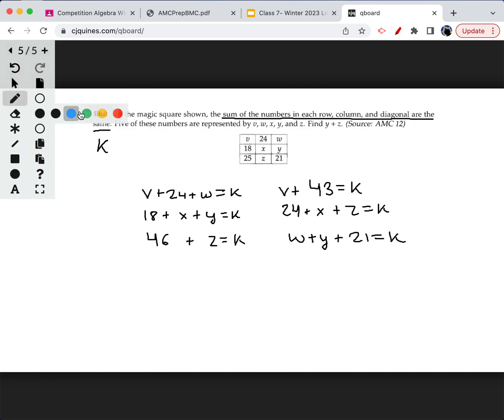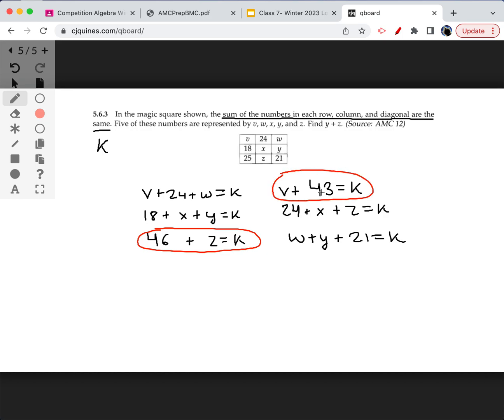So the first thing you should notice are these two equations here. 46 plus z is equal to k, and v plus 43 is equal to k. So let's just isolate the variables z and v here. So we have z is equal to k minus 46, and v is equal to k minus 43.